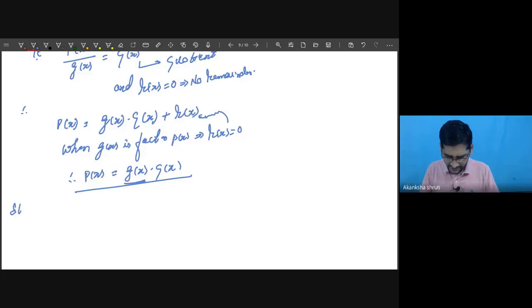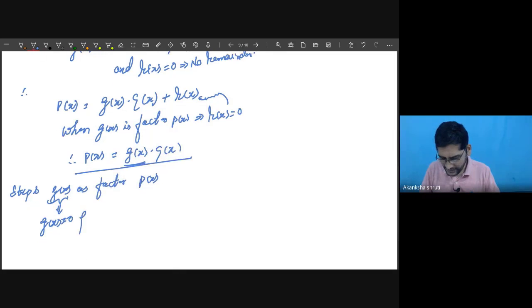The steps involved are: first, equate g(x) to 0 and find its zeros, that is, the value of x.